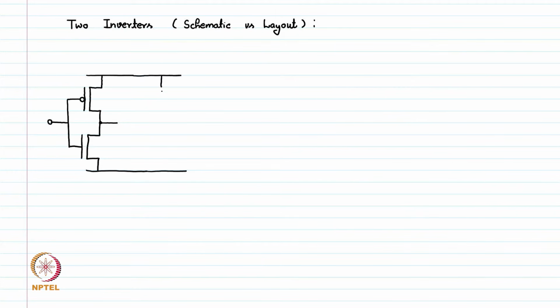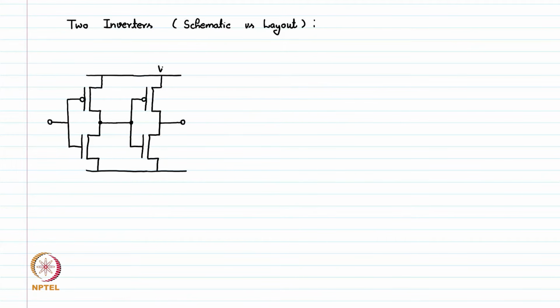So let's draw the second inverter now. The output of the first one is connected to the input of the second inverter, and the output of the second goes out as a separate terminal.